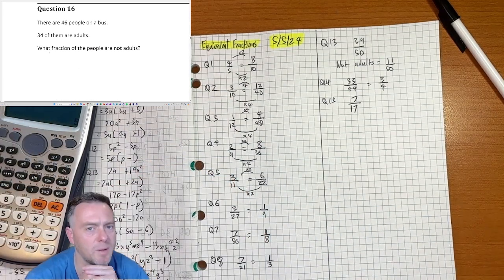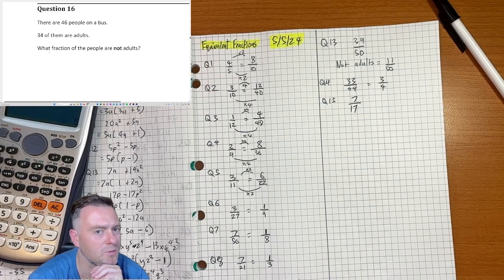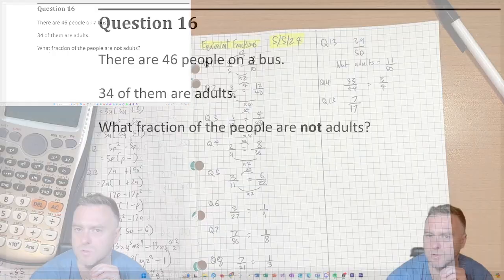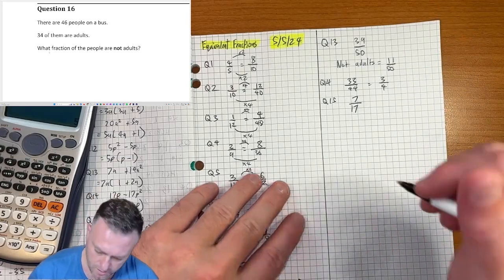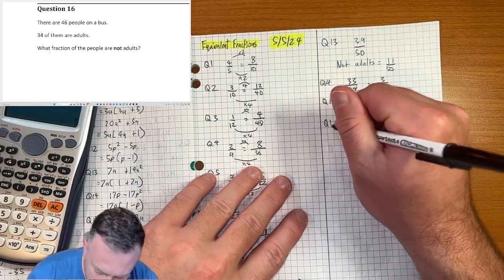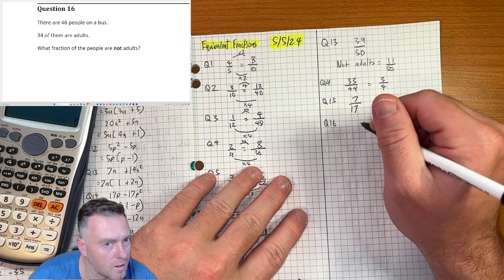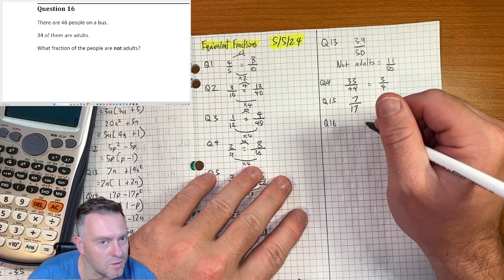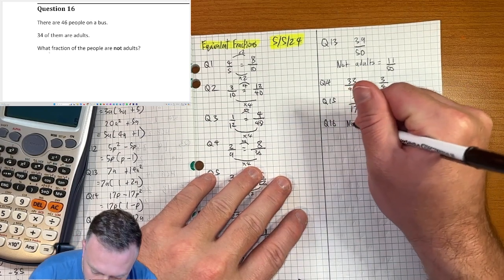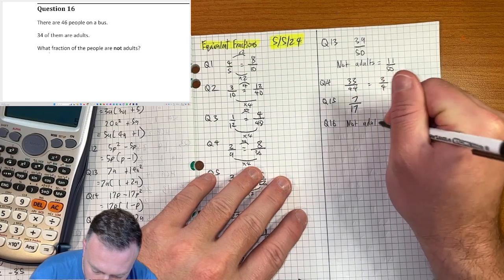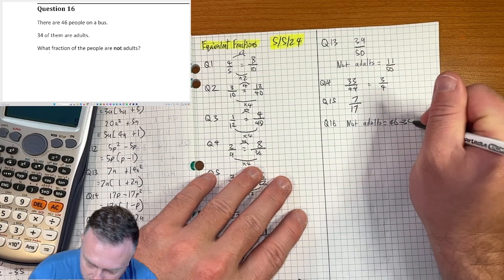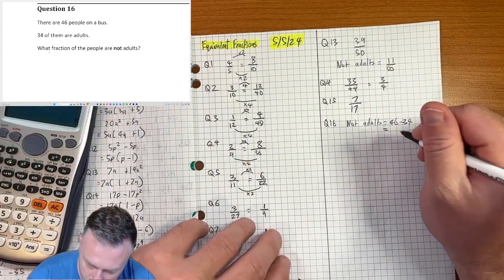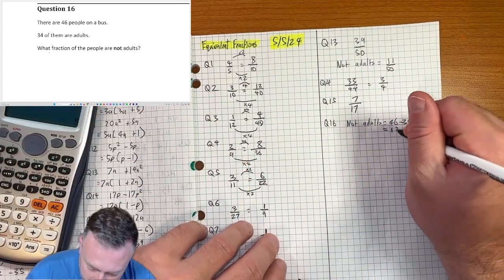Question 16. There were 46 people on the bus, 34 of them adults. What fraction are not adults? Here we go. So question 16. 34 of them are adults, not adults is equal to 46 minus 34, which gives you 12.